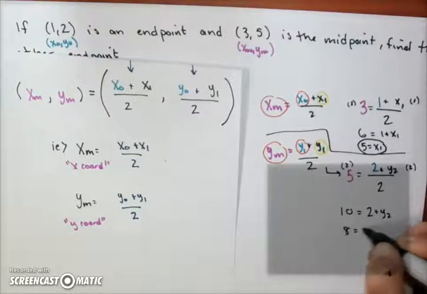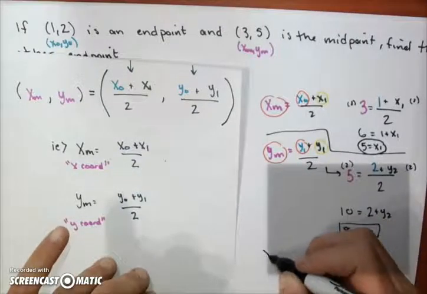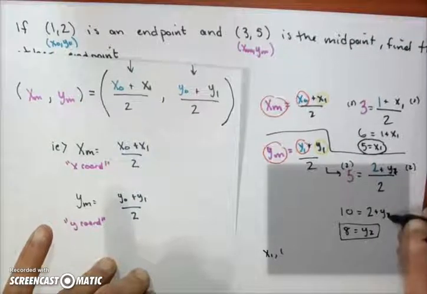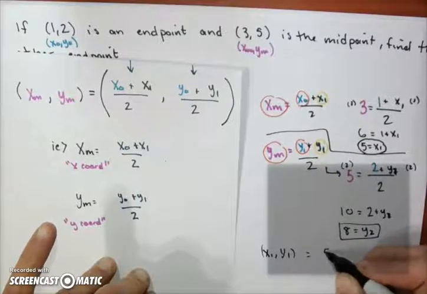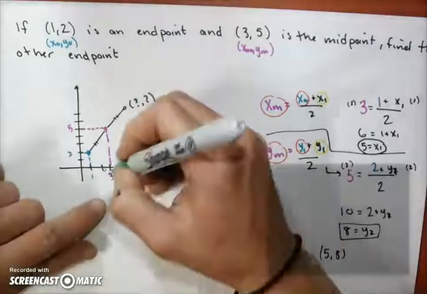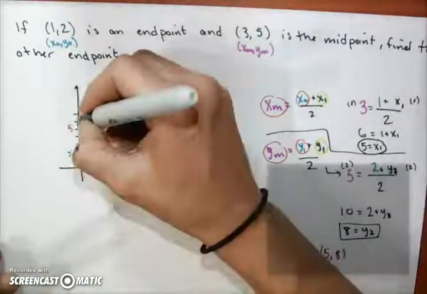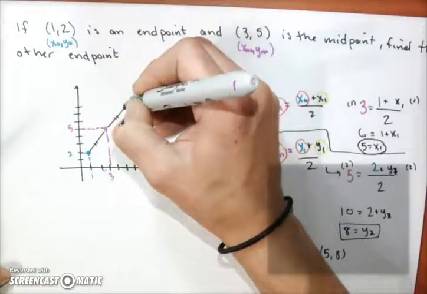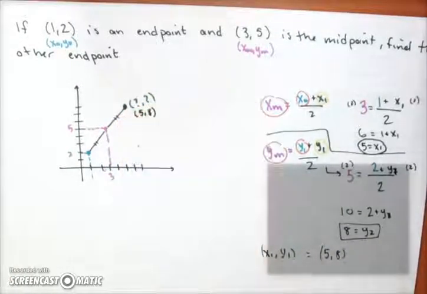So 8 equals y1. Sorry, I said y2 earlier, but we don't have a y2 in this example. x1, y1 is equal to 5, 8. And we'd expect that if we go to 5, 8, that's where we'd expect our other endpoint to be.